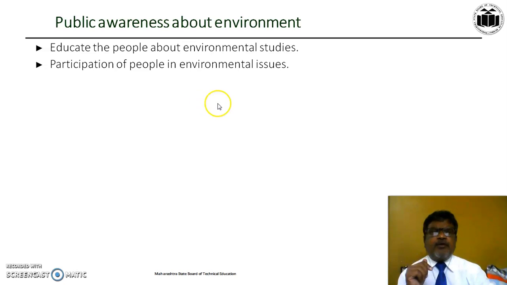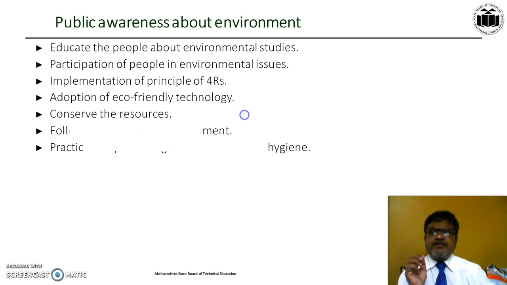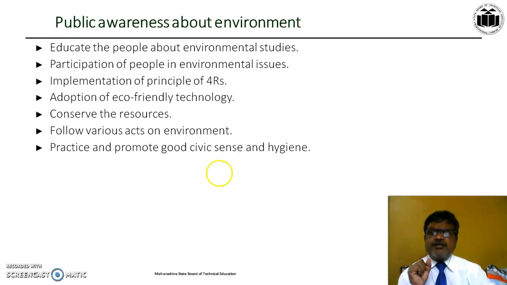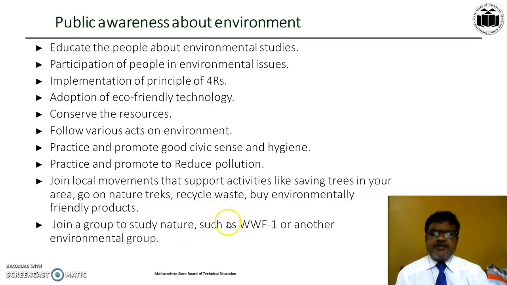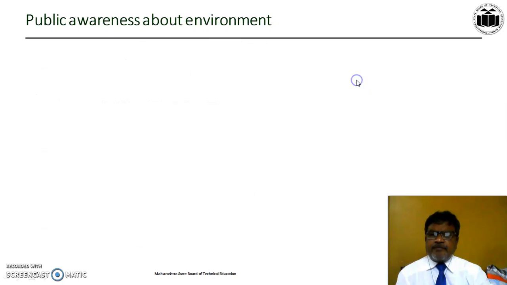Educate the people about environmental studies, participation of people in environmental issues, implementation of 4R principles, adopting eco-friendly technology, conserving the resources, following various acts, practicing and promoting good civic sense, practicing and promoting reduction of pollution, and joining any local movement such as WWF, etc.